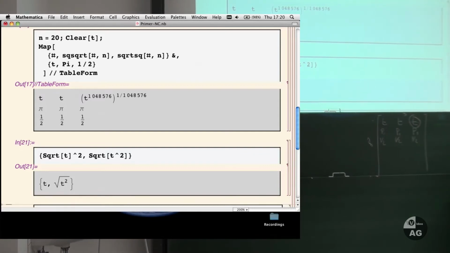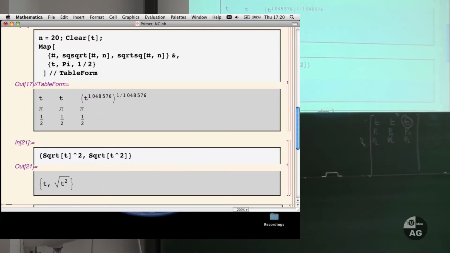No, it doesn't. It's not abs of T, only if it's a real number. But this is a symbol. You cannot say that. If it's a complex number, it would be something else, right? So it's smart enough not to evaluate it and to leave it like this.